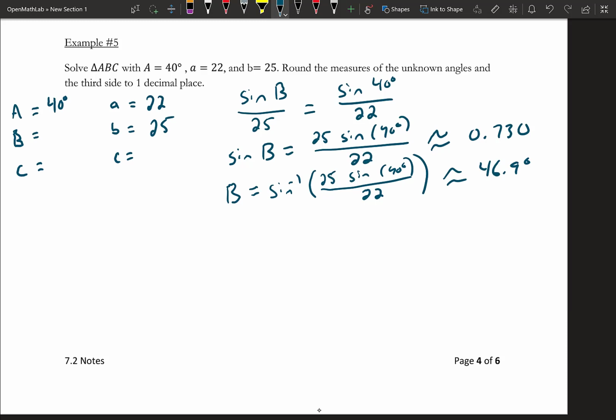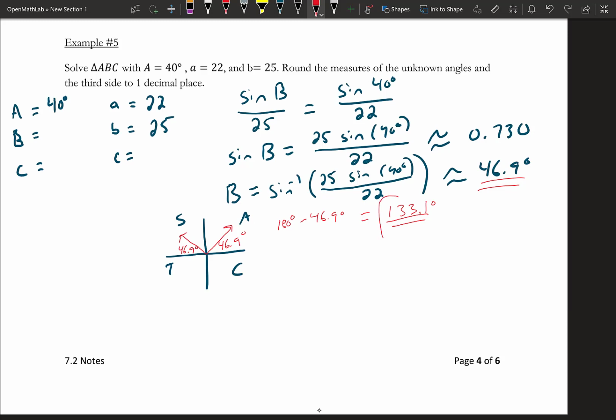But something that we have to consider is sine of B was positive, and sine is positive, just like we talked about before, in the first and second quadrant. So this angle is 46.9 degrees, and this reference angle is 46.9 degrees. So in order to find this angle in the second quadrant, I'd want to take 180 degrees minus 46.9 degrees, which gets me to 133.1 degrees, right? So these are the two possibilities for angle B.